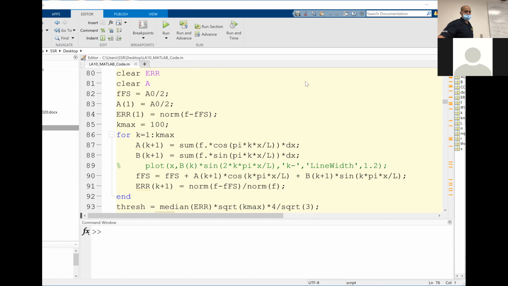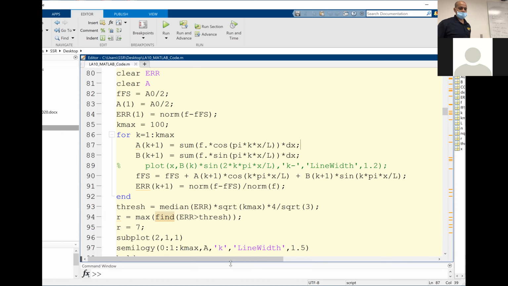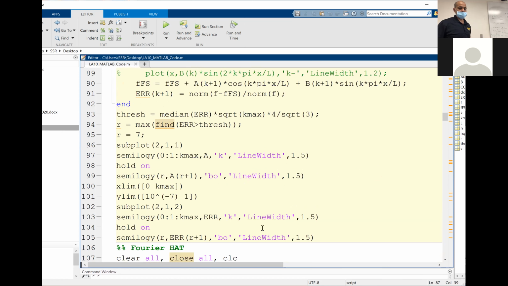I have plotted the coefficients of the Fourier series in figure number 2, and the decomposition of the Mexican hat function in figure number 1. So this is the Fourier decomposition, which is exactly the same as the QR decomposition and the SVD that we talked about in last class.